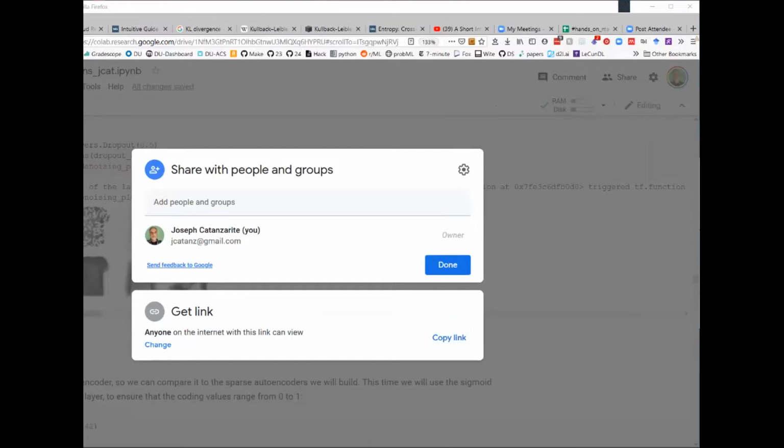My copy of the chapter, I haven't done very much to it, so it's pretty much the same as the original. So that's on the chat now, and I'll also put it in the Slack.